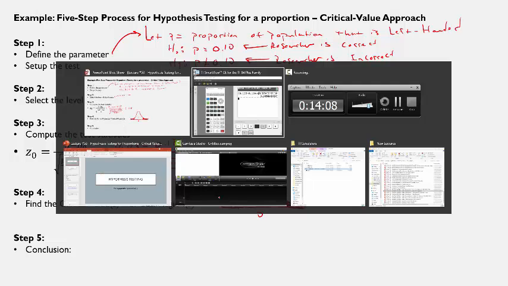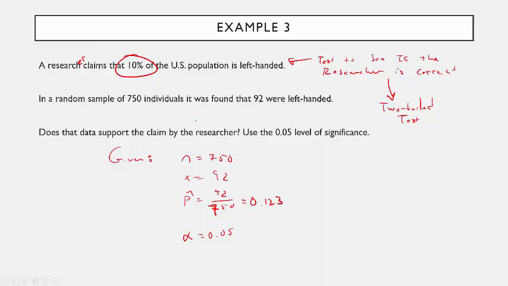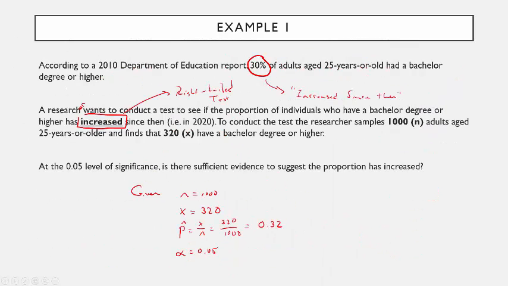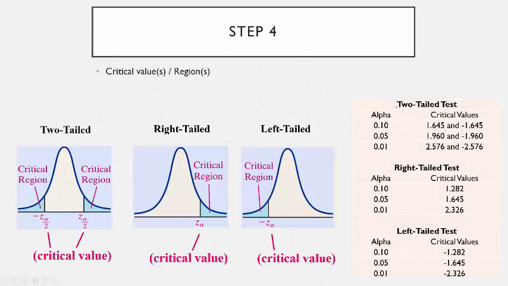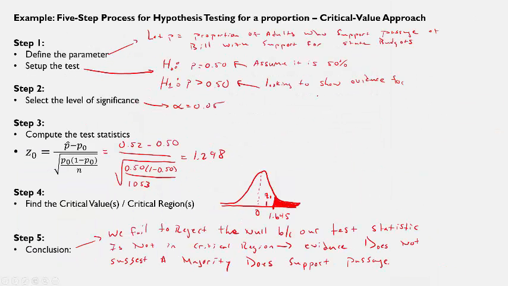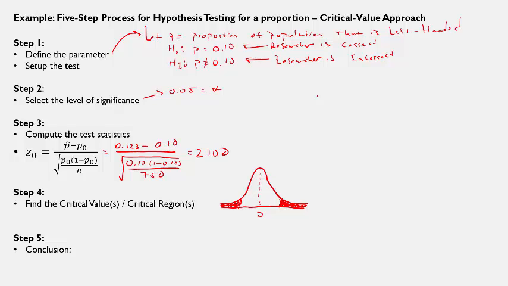For a two-tailed test with alpha 0.05, the critical values are 1.960 and negative 1.96.